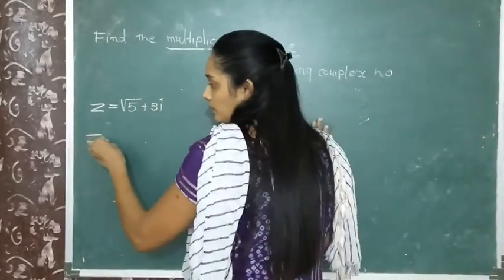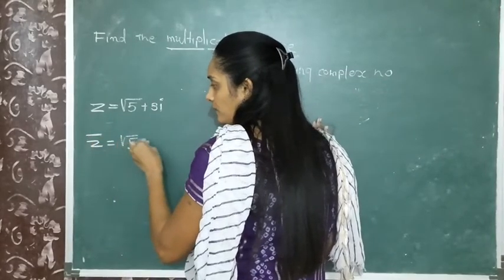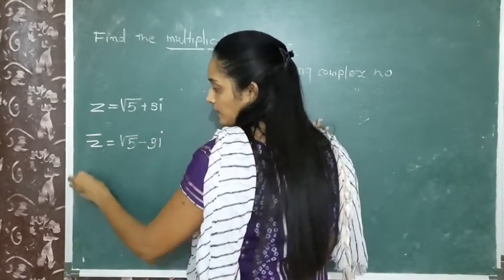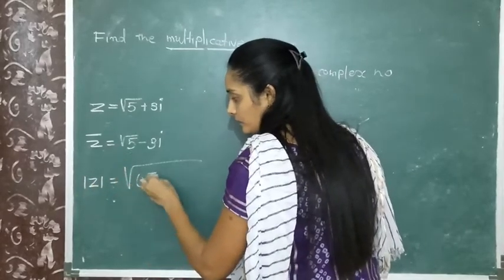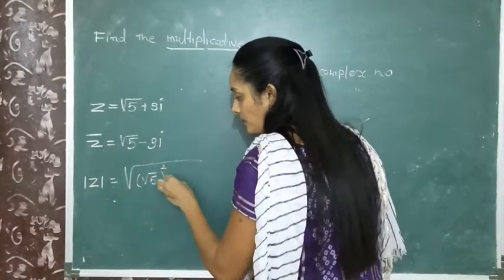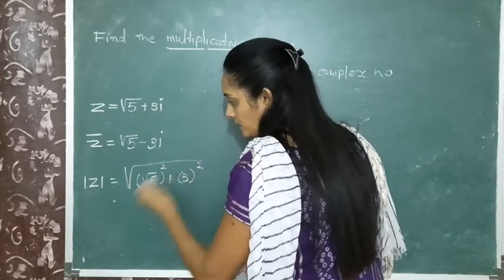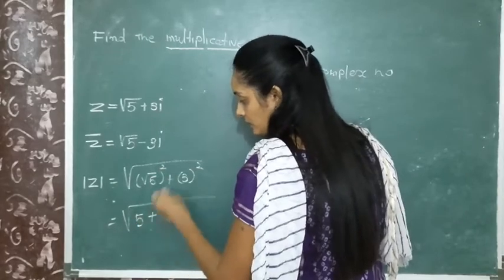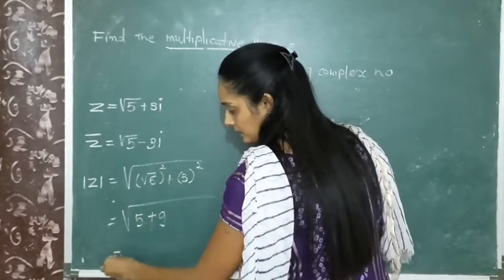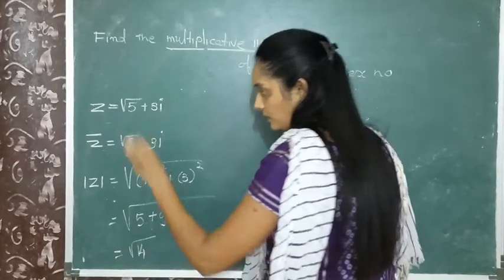So here it is root 5 minus 3i. Now modulus of Z: root of root 5 square plus 3 square. As you know, root 5 square is 5 and 3 square is 9, so root 14.